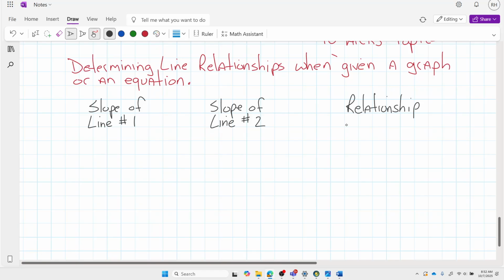And the relationships that we're working with are parallel, perpendicular, or neither.